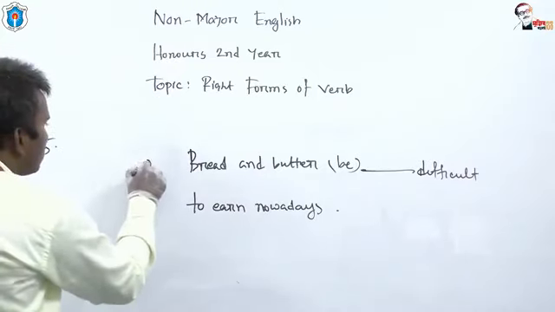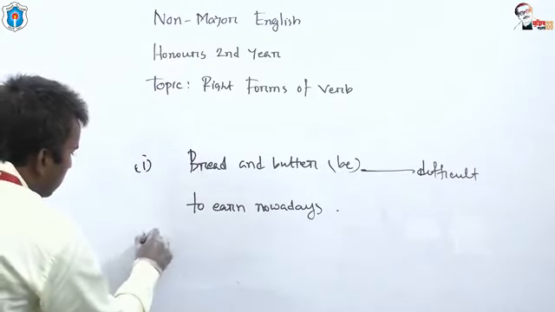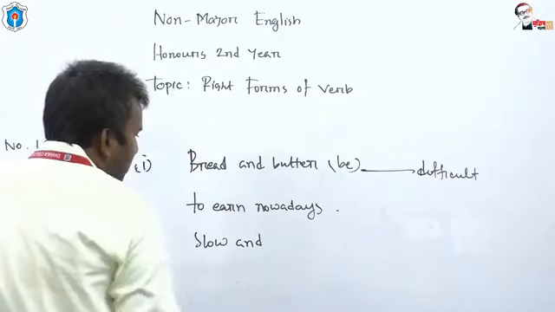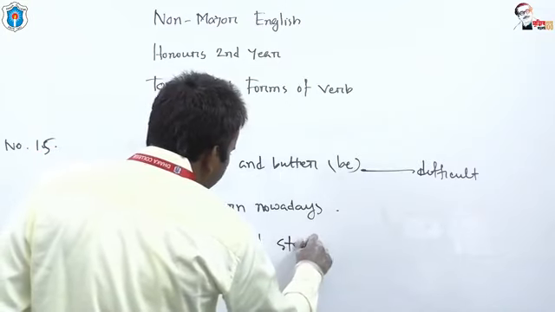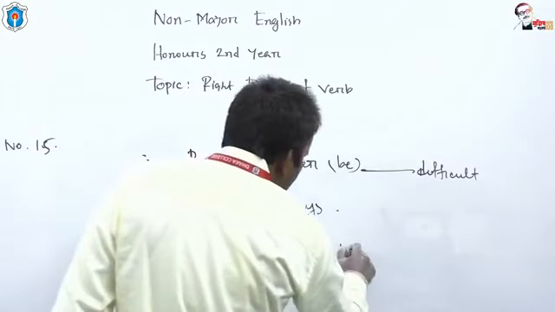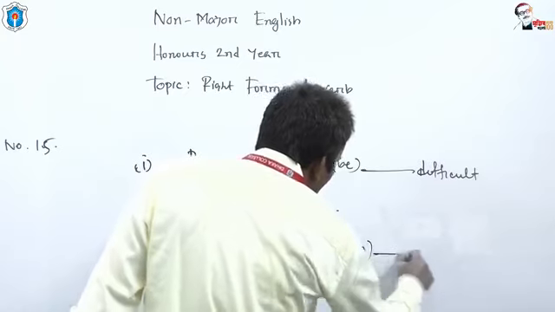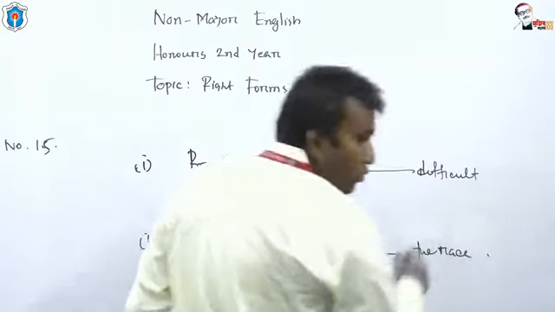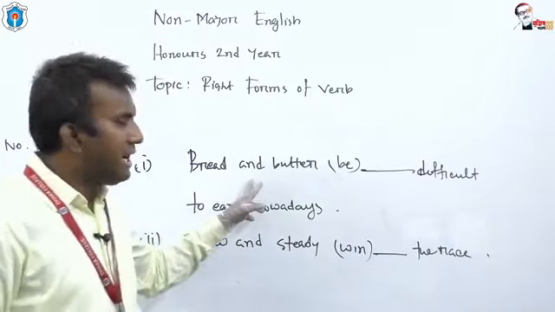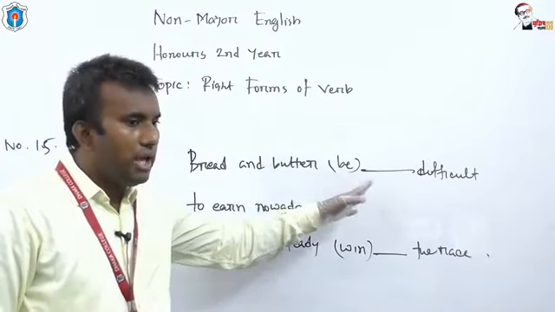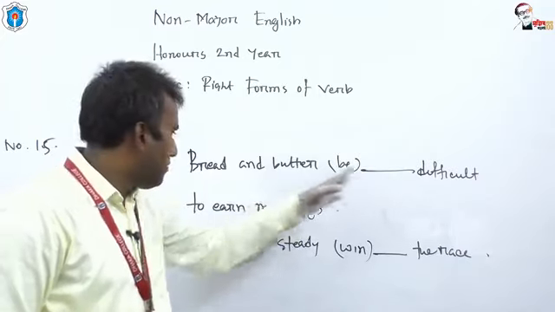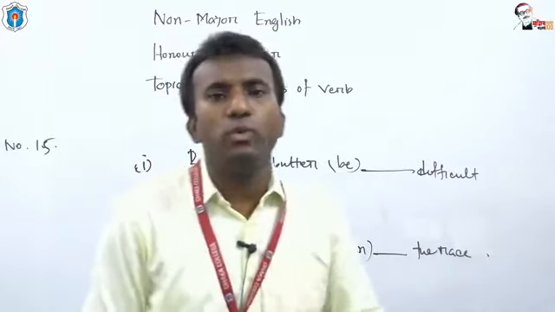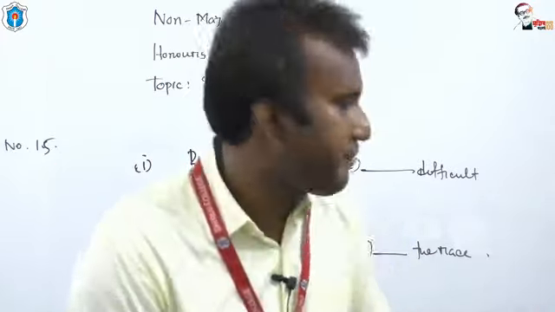Example number 2. Slow and steady, win the race. What should be the answer? Bread and butter is or am or are difficult to earn nowadays. The second example is slow and steady win the race or wins the race.